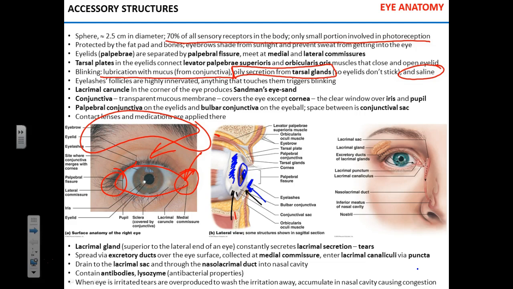And between palpebral conjunctiva and bulbar conjunctiva is the conjunctival sac. So the inferior and superior conjunctival sac, that's where you place the contact lenses. Does that make sense? Just anatomically.